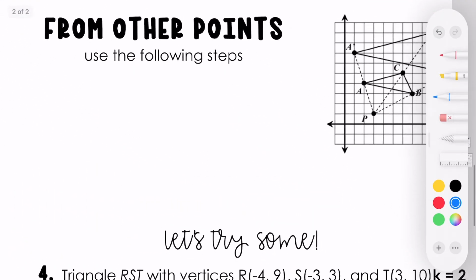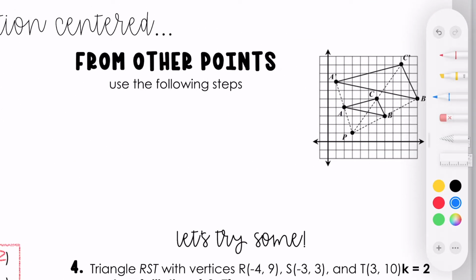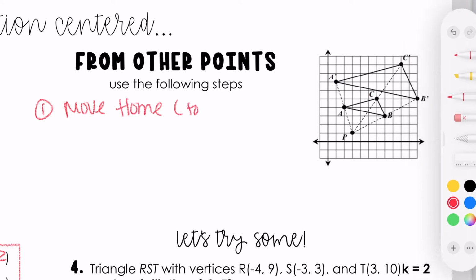All right, next one, our favorite one. This is from other points. I'm going to be using colors for this, and it's very similar to exactly what we've been doing with the reflections when they're over a line that's not the axis, and a rotation that is not about the origin. Same thing with the dilation. Your first step is going to be to move it home, aka to the origin.